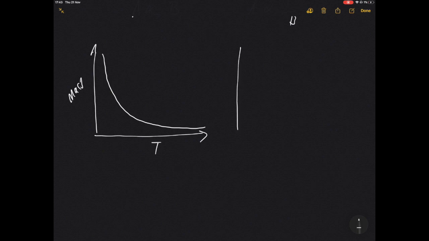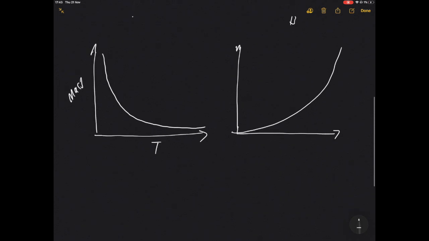Likewise, if we have something like bacteria, we might see it grow as an exponential growth. So we can actually begin to describe what these would look like.